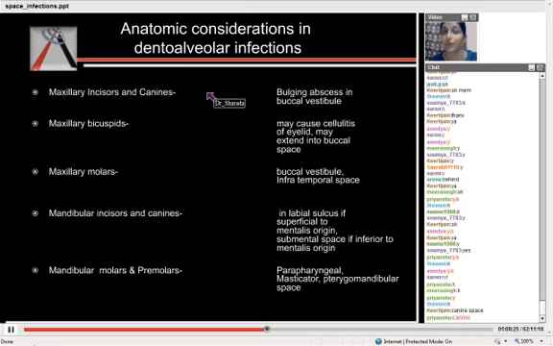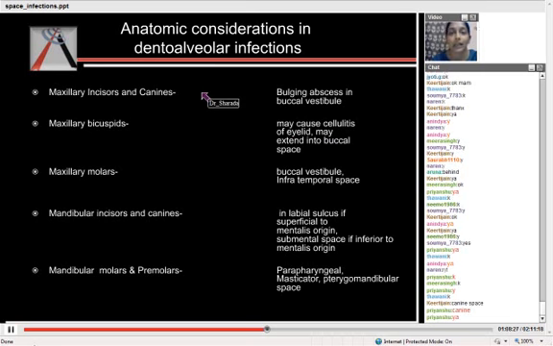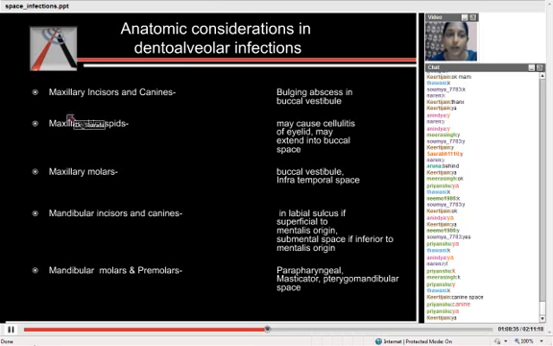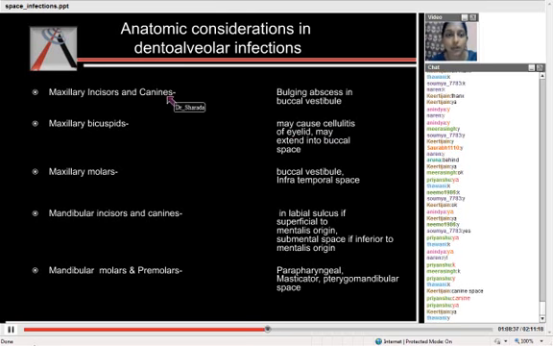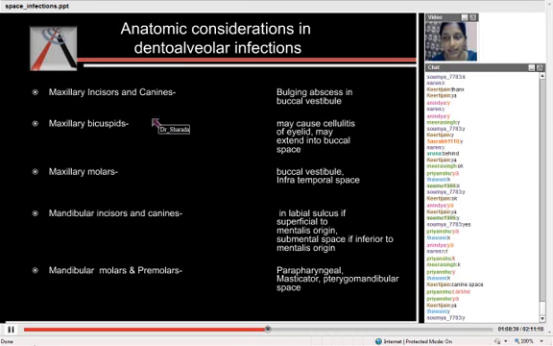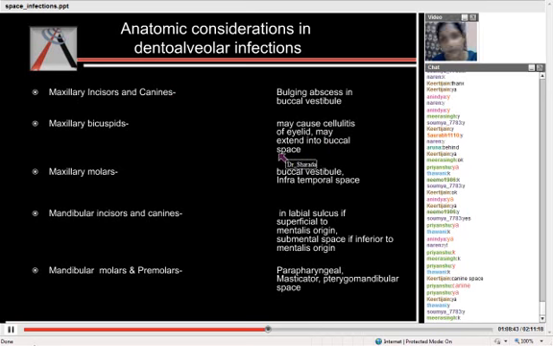Remember, when you're talking of canine space infection, you can have an infection of the canine as well as the first premolar for it to cause that kind of infection. Remember? So the mistake here is canine should also be included in this. It may cause cellulitis of the eyelid, may extend into the buccal space. So we're still talking of the buccal space. We have not finished with the buccinator. We have not moved on to the masseter.